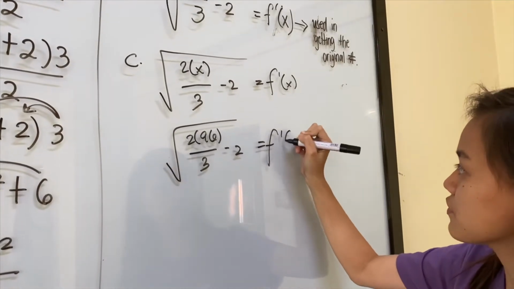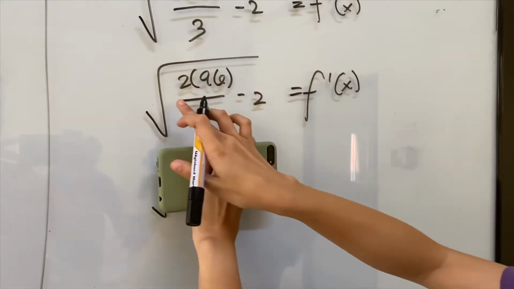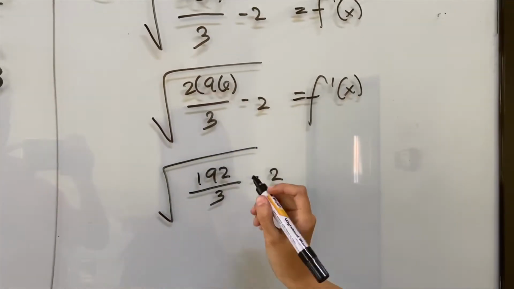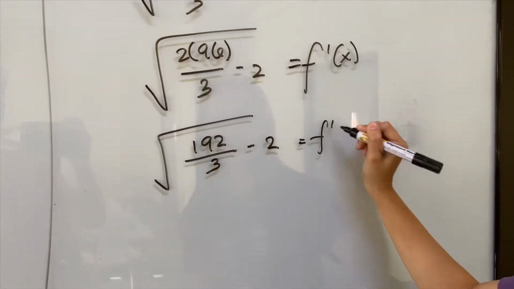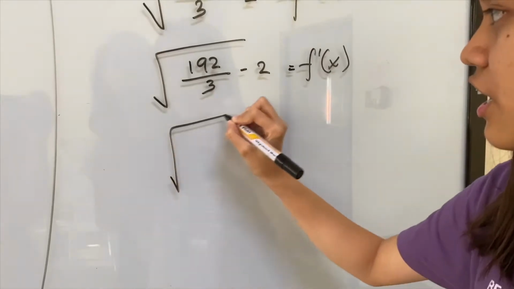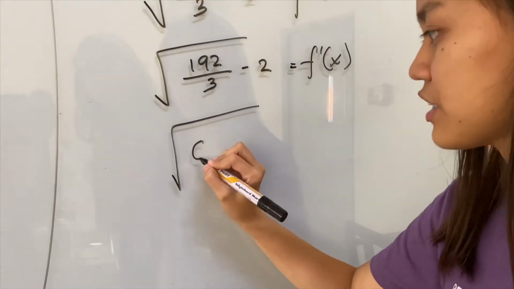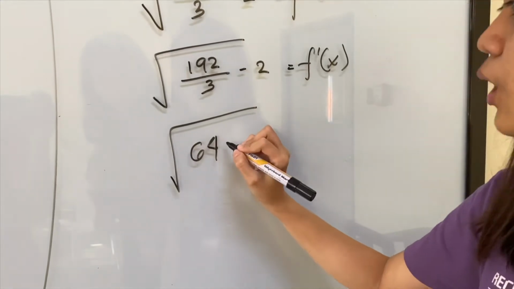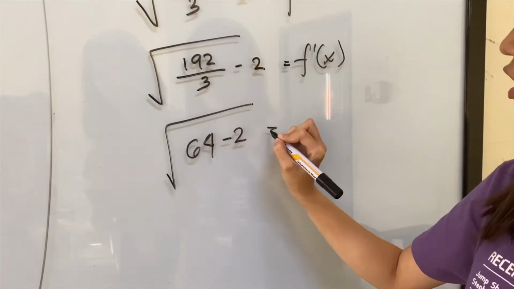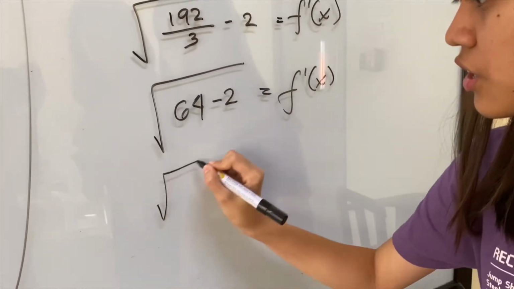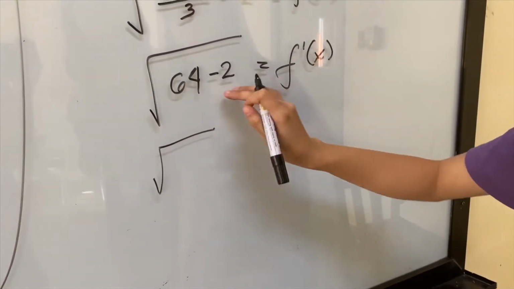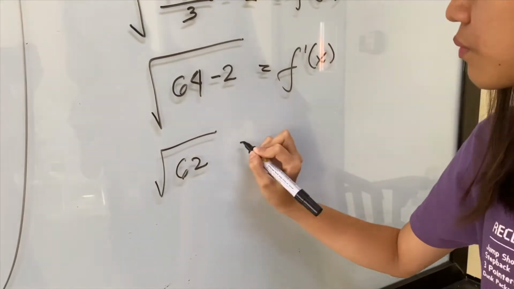Multiply 2 by 96, which equals 192. Divide this by 3, which equals 64. Copy negative 2. So the square root of 64 minus 2 equals 62.